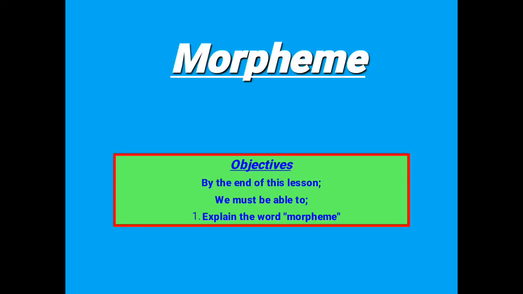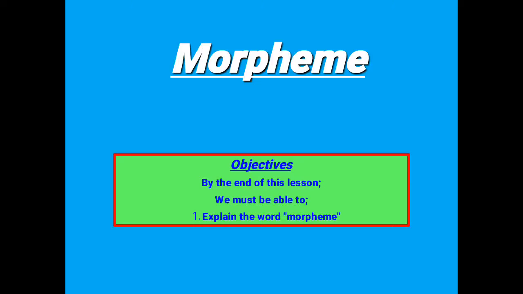So today we are going to discuss the topic morpheme. We learned that a morpheme is the smallest grammatical unit of a language. The objectives of this topic are, by the end of this lesson, we must be able to: 1.